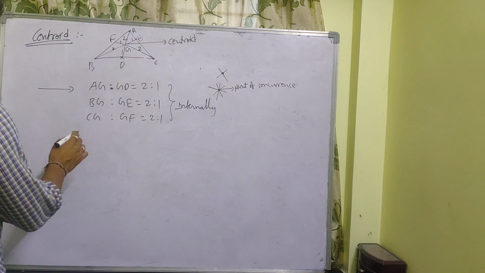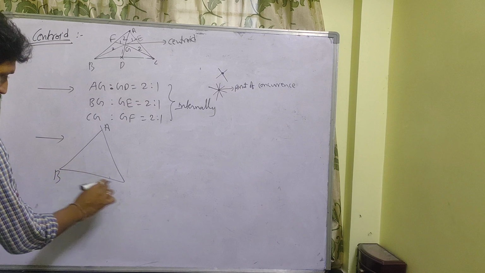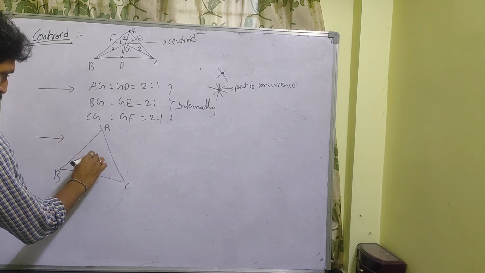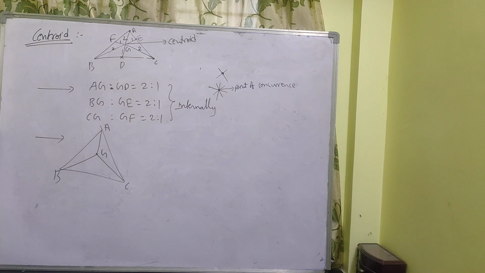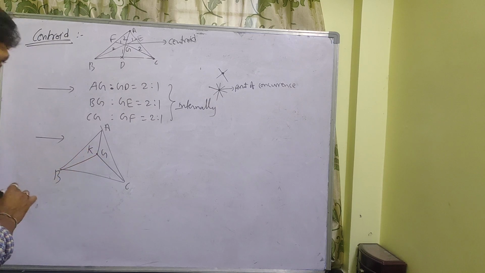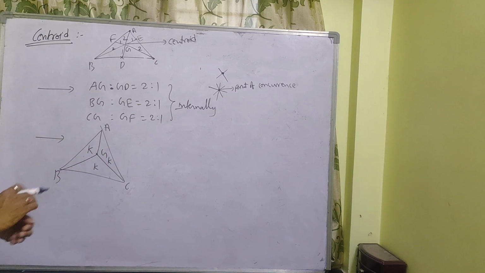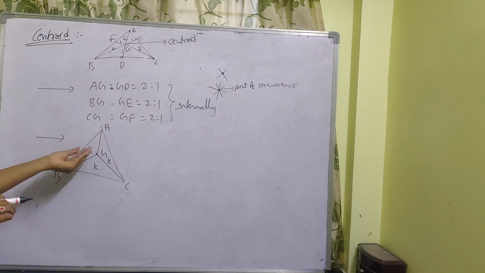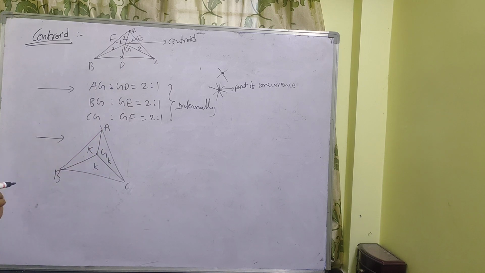Next one. Let us take this triangle ABC and this centroid G. If you join the vertices to the centroid, it forms 3 more triangles. Let us take this triangle's area as K, this one also K, this one also K. These 3 have the same areas, and the total is divided into 3 equal parts.